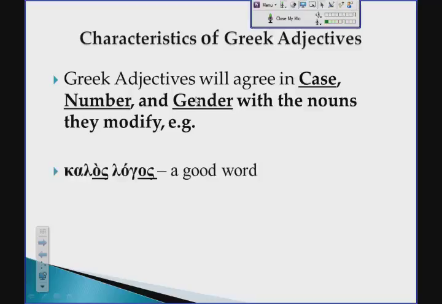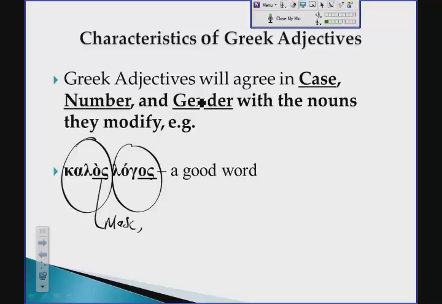Kalos logos. A good word. Now this is an adjective, and then you talk about the noun. They agree in three respects: case, number, and gender. Look at that ending. It tells you it's masculine and it's singular.